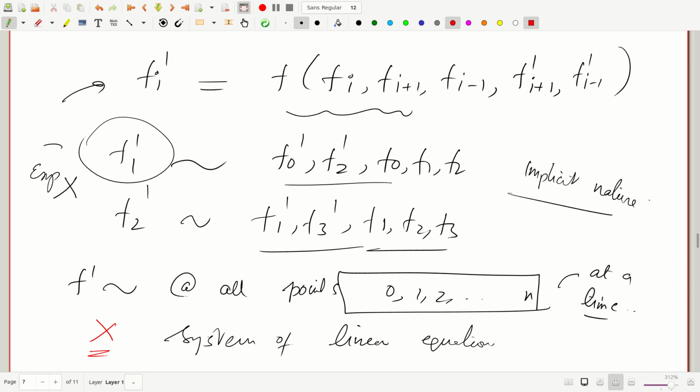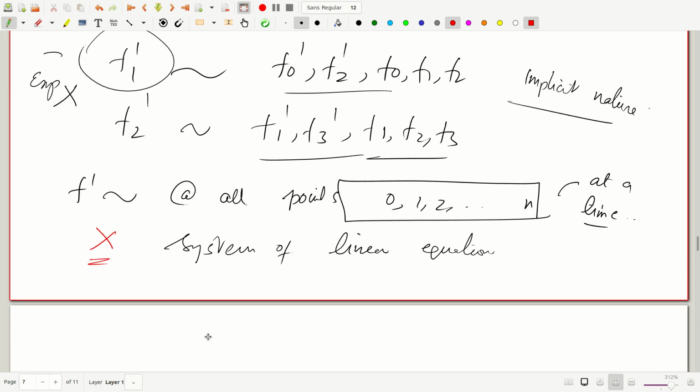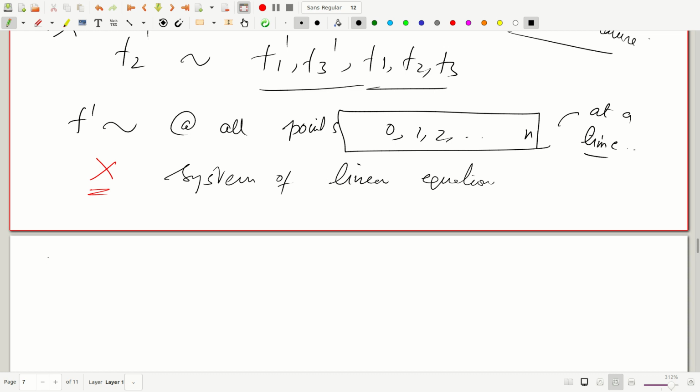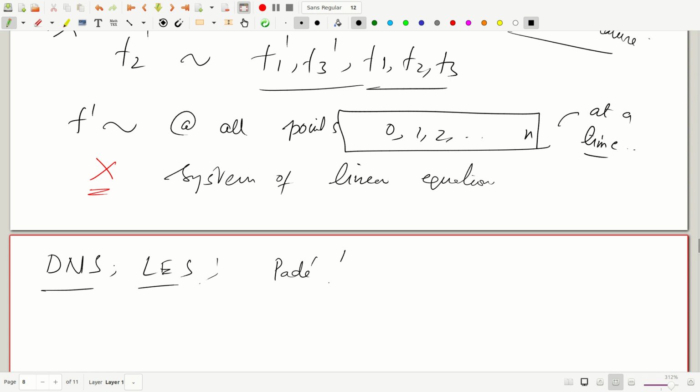Okay, now these are very well sought after schemes, the Pade schemes or the compact schemes. If you look at any of the direct numerical simulations in fluid mechanics or in combustion, or the large eddy simulations and things like that, the compact schemes or Pade schemes are very, very well used because they provide a higher order accuracy and also better spectral resolution.